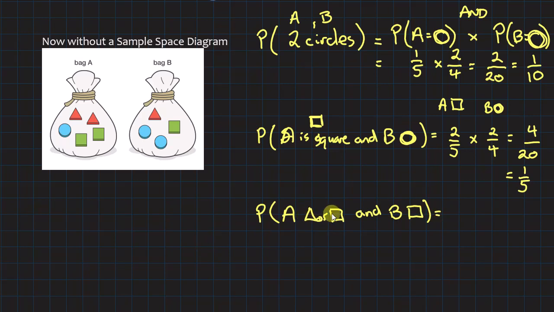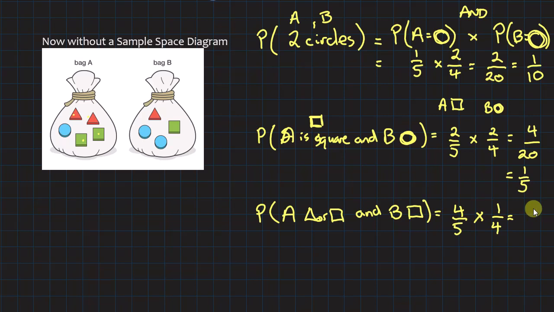So probability of triangle or square in A, so triangles 1, 2, and 3, 4 is triangles and squares. So that's now 4 out of 5. And we multiply by the probability of a square, which is 1 out of 4.